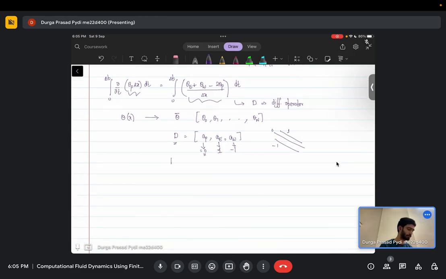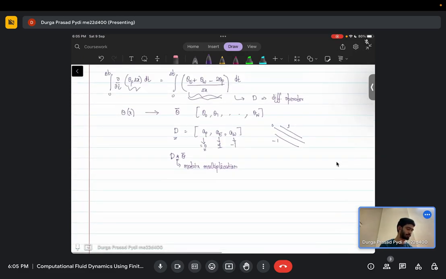I am just using the notation of MATLAB. This is the indicator of matrix multiplication. So D times theta bar will essentially give you this expression. We are using Crank-Nicolson.